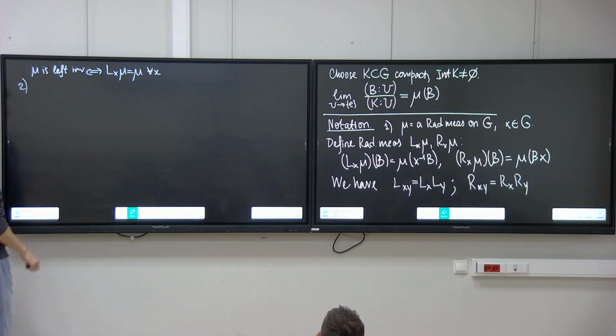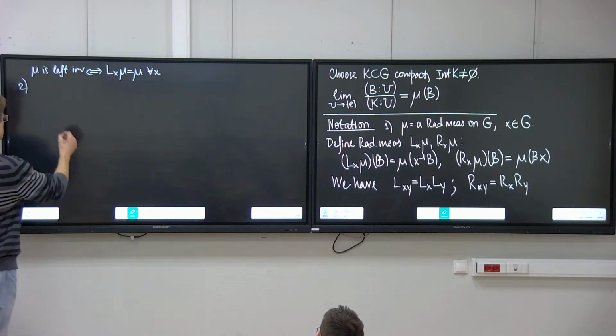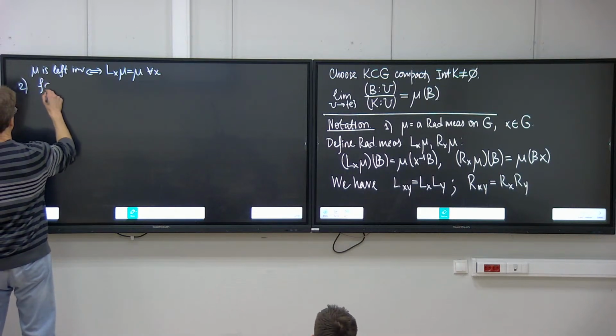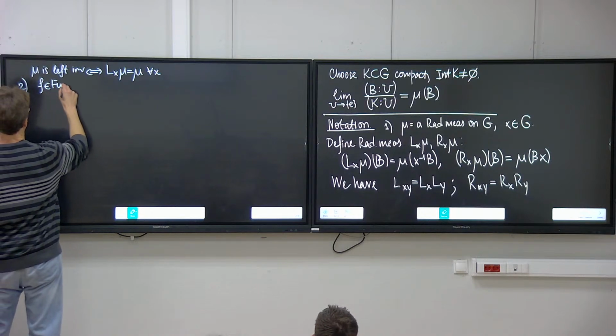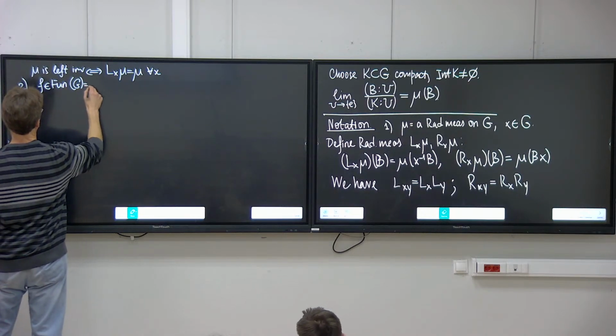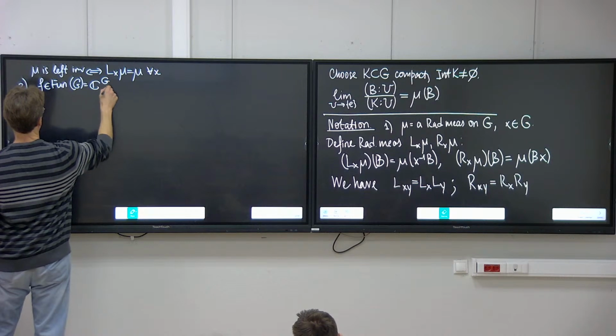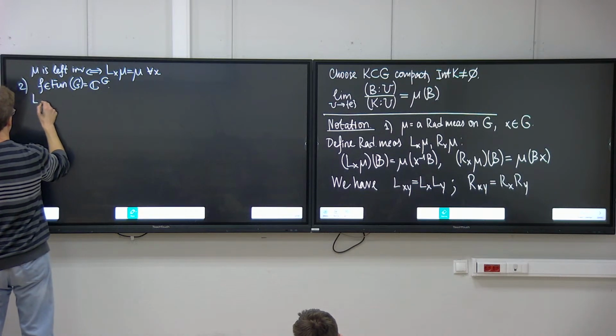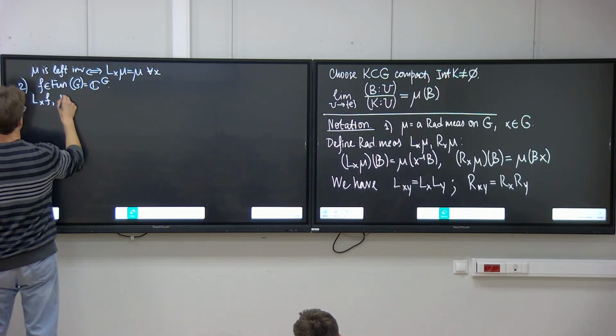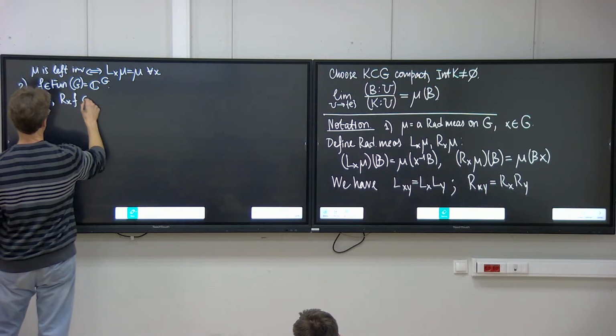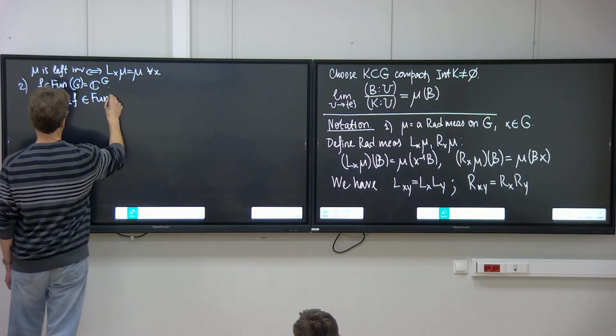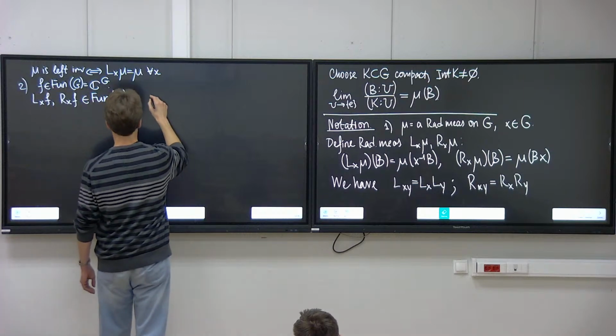In a similar way, we can define left and right translates of functions on G. If f is an arbitrary function on G, then we define Lxf and Rxf by the following formulas.